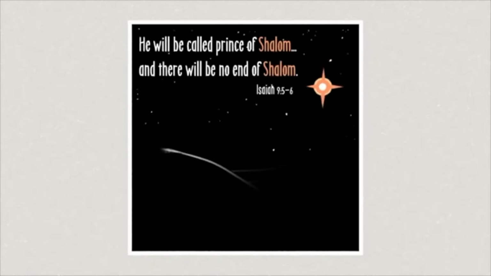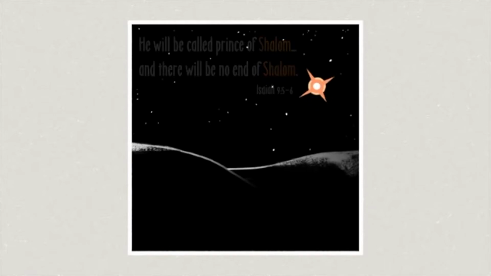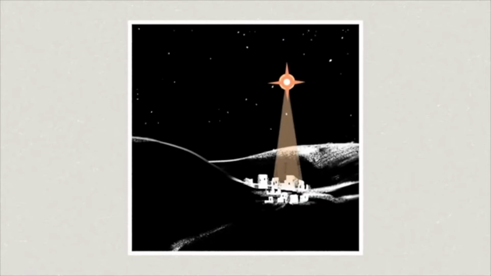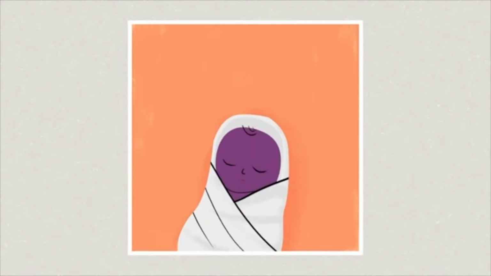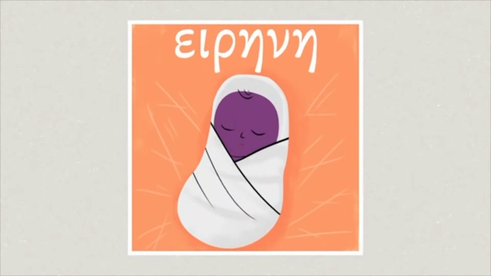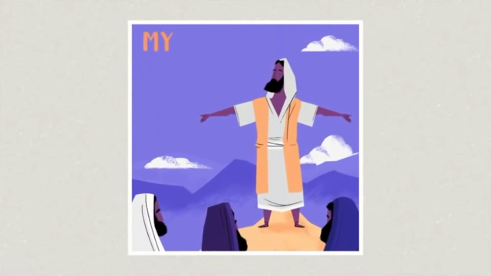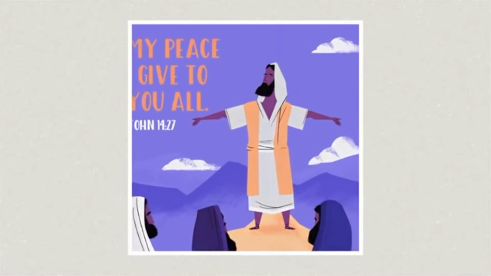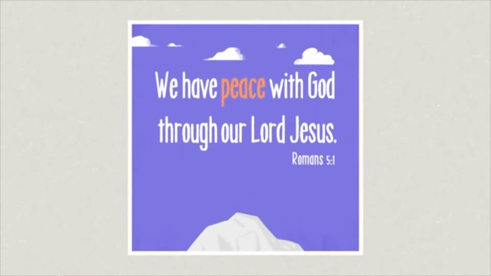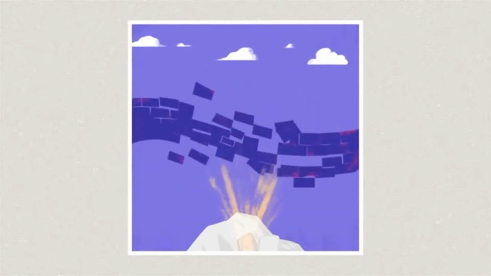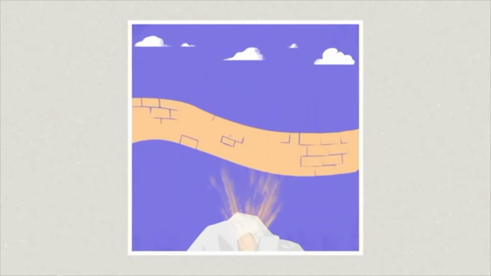A time when God would make a covenant of shalom with his people and make right all wrongs and heal all that's been broken. This is why Jesus' birth in the New Testament was announced as the arrival of eirene. Remember, that's the Greek word for peace. Jesus came to offer his peace to others, like when he said to his followers, "My peace I give to you all." The apostles claimed that Jesus made peace between messed up humans and God when he died and rose from the dead. The idea is that he restored to wholeness the broken relationship between humans and their creator.